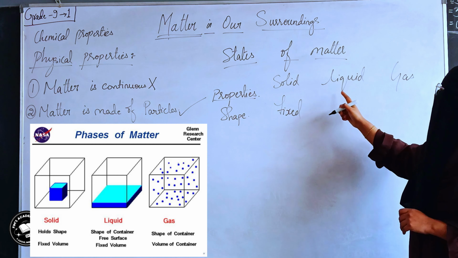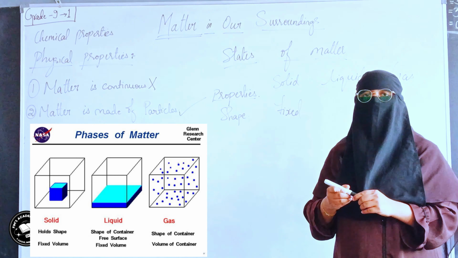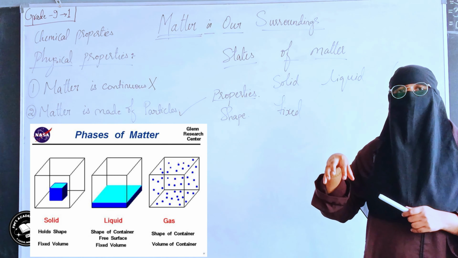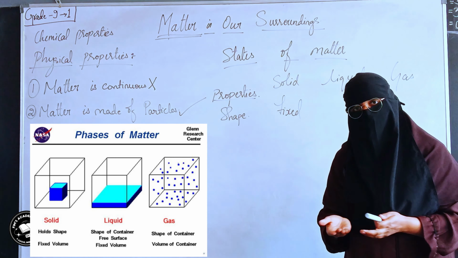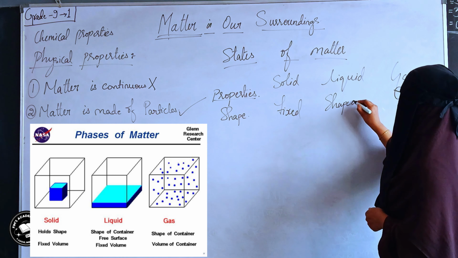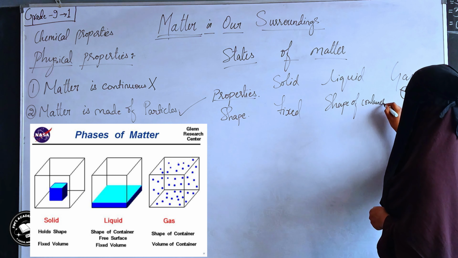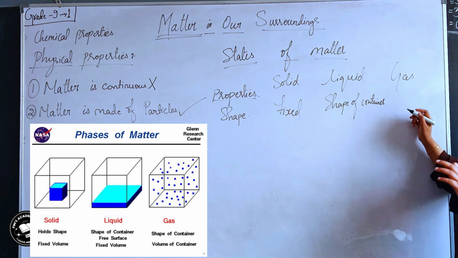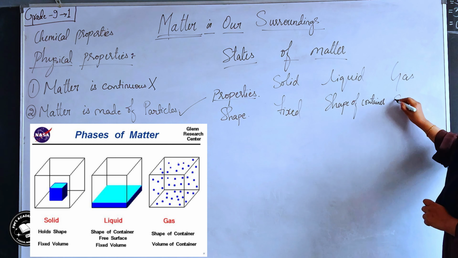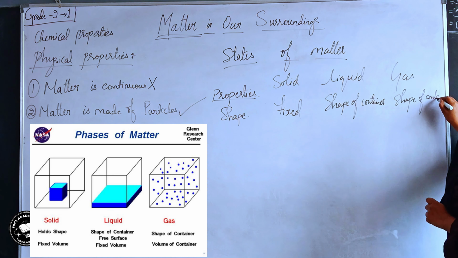But liquid doesn't have a fixed shape. If you talk about water, it will not have any fixed shape of its own. In whichever container you pour the water, water will take the shape of the container. Any liquid that you put in will occupy the shape of the container, and gases also don't have any shape of their own, so even gases will acquire the shape of containers.